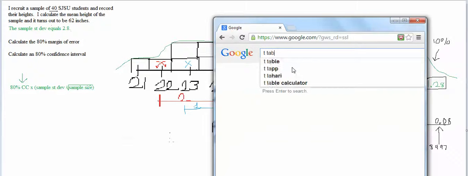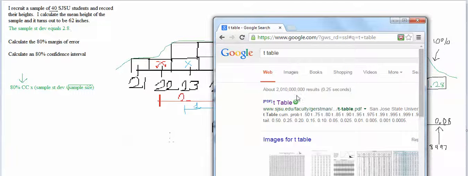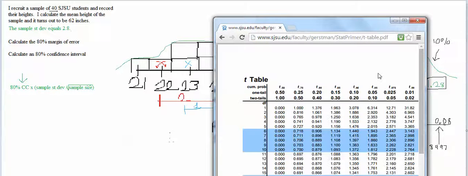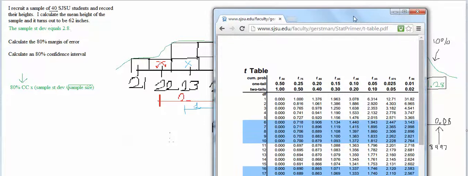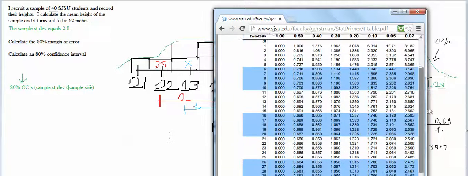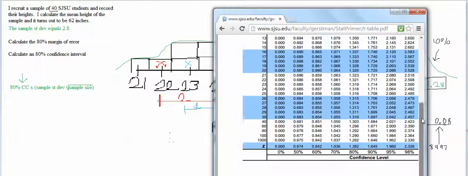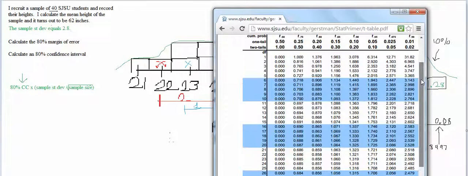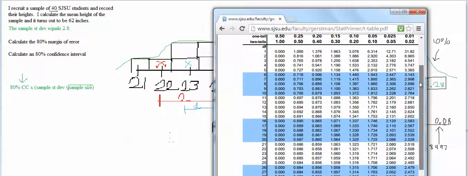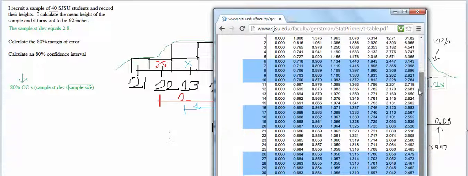And the t-table is pretty easy to use. We just go down here, we go to 80%, which is the percentage I gave you for this question. That's going to be our column. We go up to the row that matches up with our sample size. I said we're recruiting a sample of 40 people.